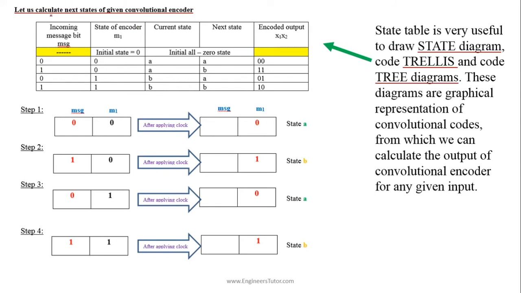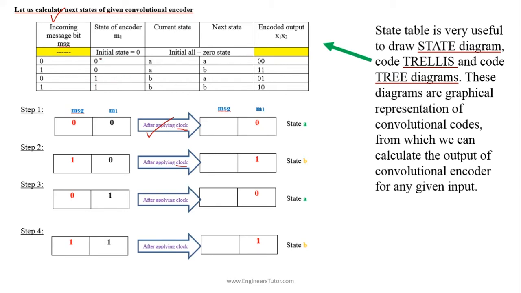Let us calculate the next states of the given convolutional encoder. The state of the encoder changes only after applying the clock pulse. If you apply a clock pulse, only then will the state of the shift register change.